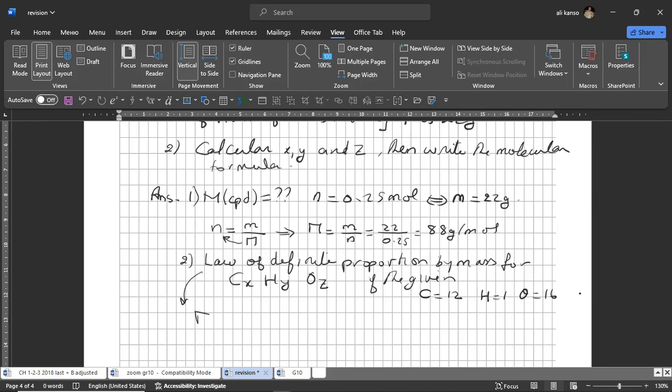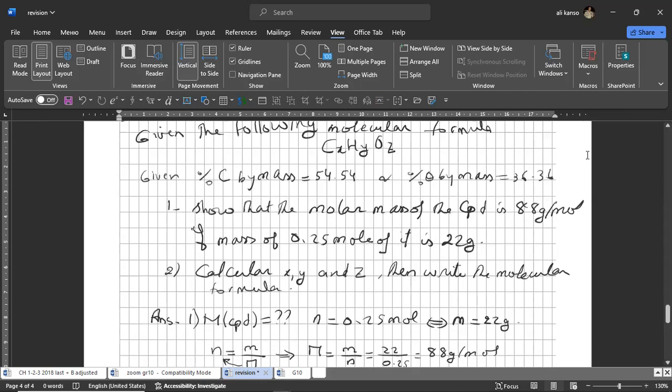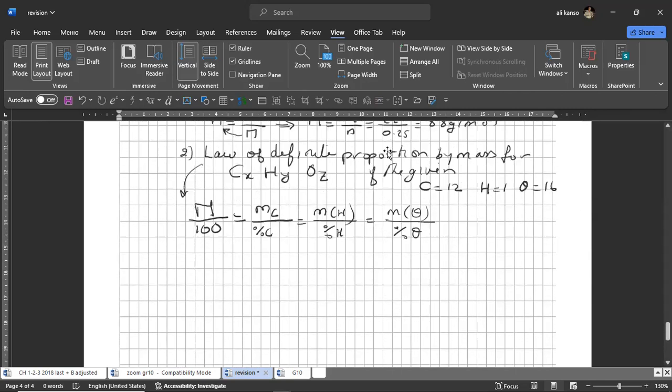It states that molar mass over 100 is equal to the mass of carbon over the percentage of carbon, equal to the mass of hydrogen over the percentage of hydrogen, equal to the mass of oxygen over the percentage of oxygen. But if you have the percentage of carbon and the percentage of oxygen, and there are only 3 elements in the compound, you can calculate the percentage of hydrogen.